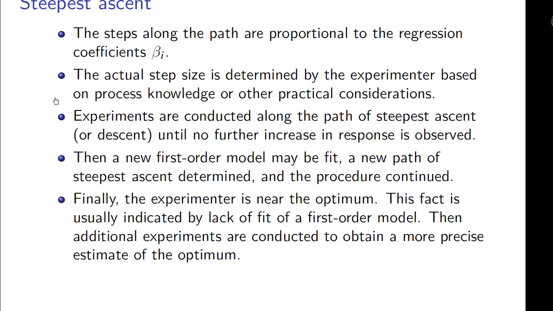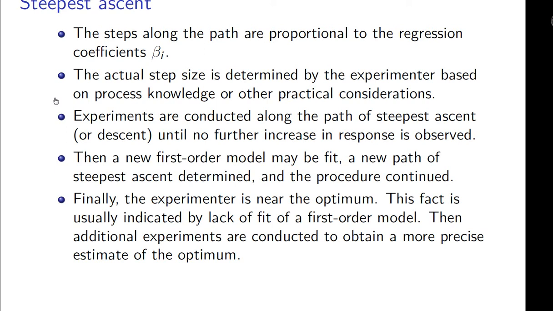At some point, you're going to get near the optimum, and how will you know that you're near the optimum? It's probably because your low-order model won't fit anymore. If you're at the top of a surface, and you imagine in your mind's eye that you're looking at a response surface that is like a cone, and the maximum is this point where there's a steep derivative along all points, then you're fitting a first-order surface that won't have a good fit.